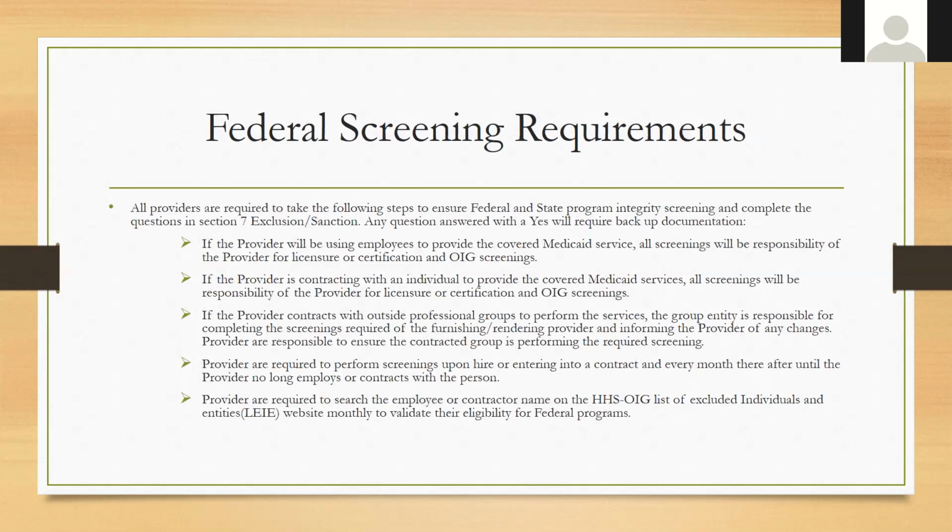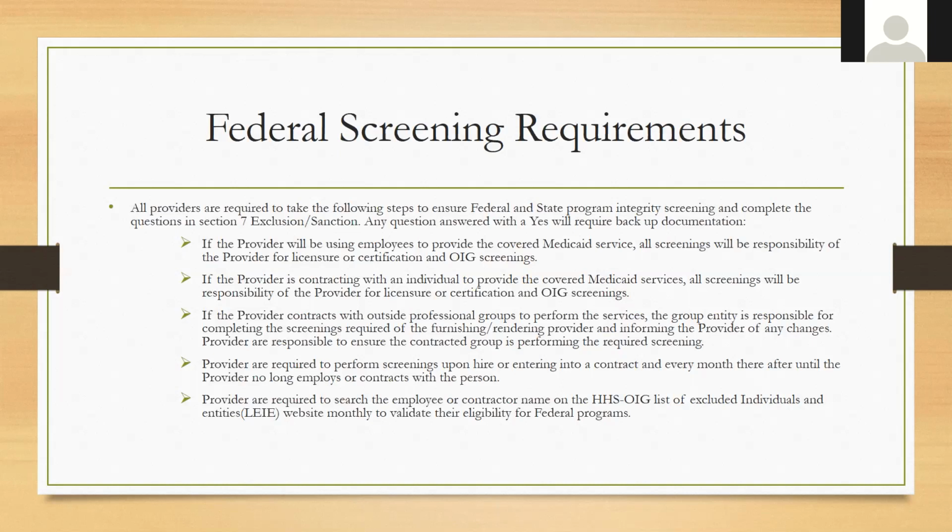these individuals or groups have been sanctioned by the Office of Inspector General or excluded, that they are not to receive any federal funded monies. That means the entity or the individual. So say there was an RN that was excluded on this list, but yet that RN came and wanted to be employed as a personal care service provider.